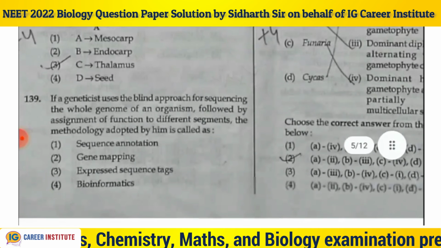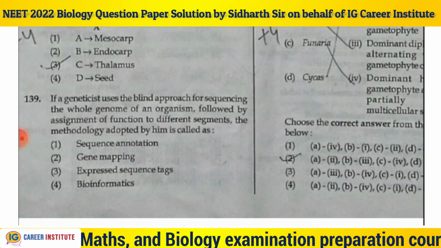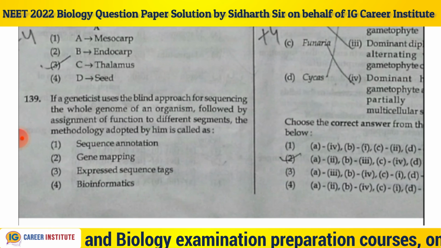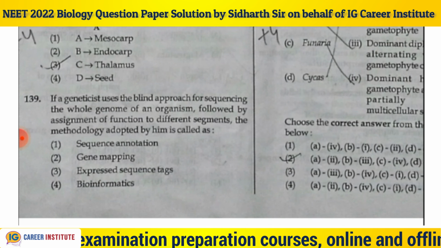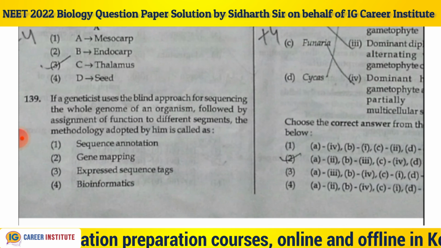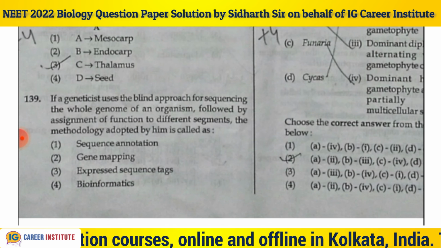Question 139. If a geneticist used the blind approach for sequencing the whole genome of an organism, followed by assignment of functions to different segments, the methodology adopted by him is called, of course, directly an NCERT line, right? It will be sequence annotation.